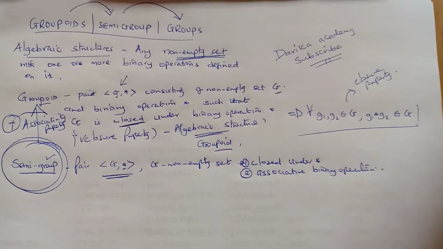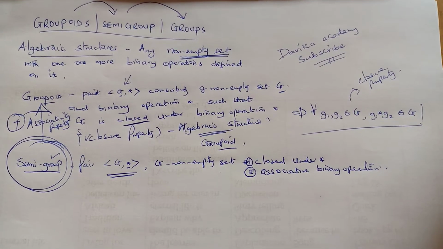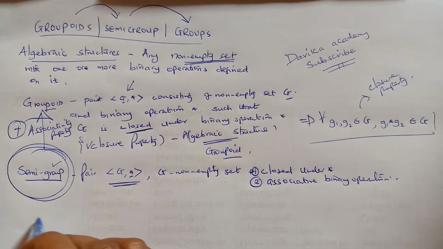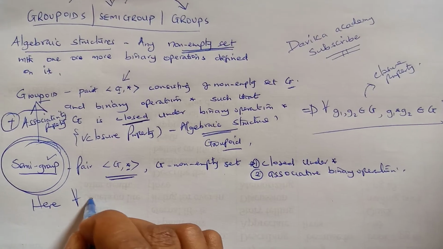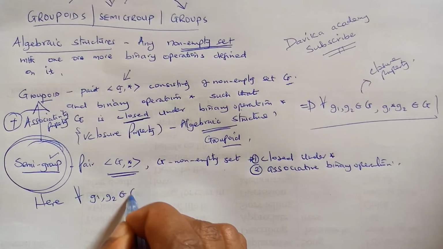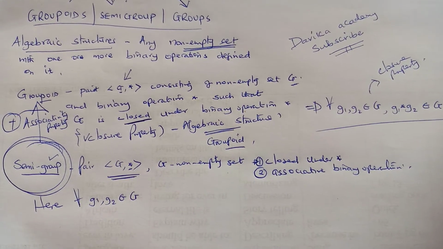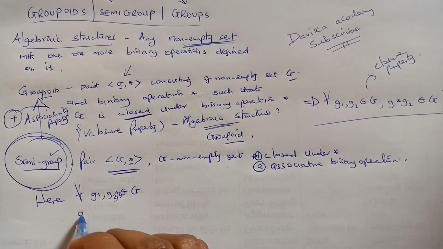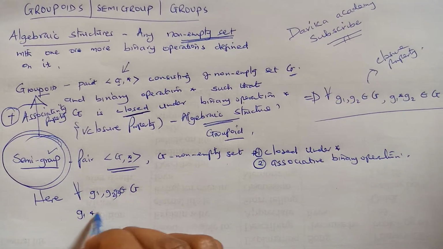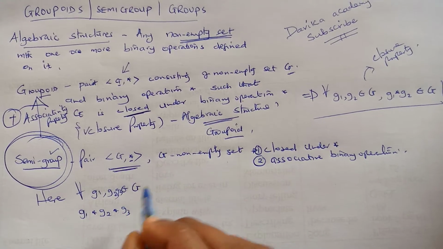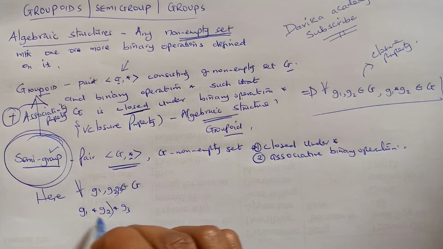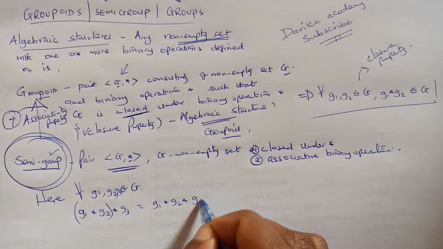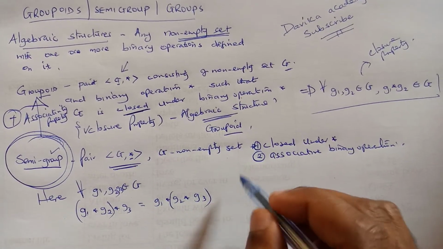What we are saying here is, for all G1, G2, G3 in the non-empty set G, if we take G1 star G2 star G3, this will be the same as G1 star G2 star G3 grouped the other way, and this is the property that we call associativity.